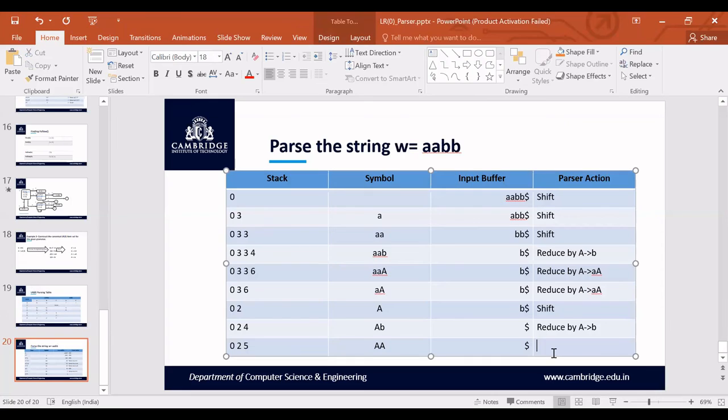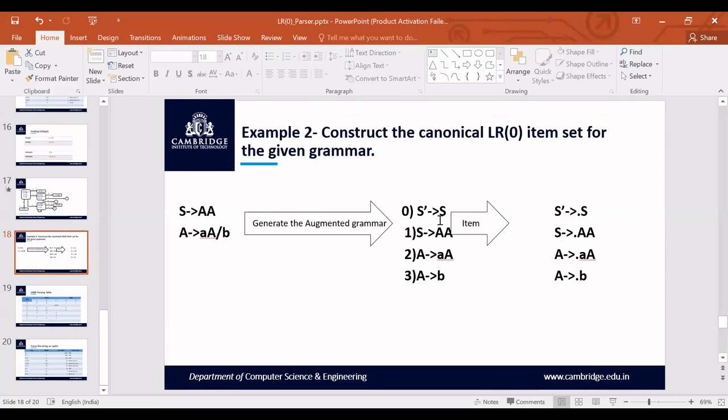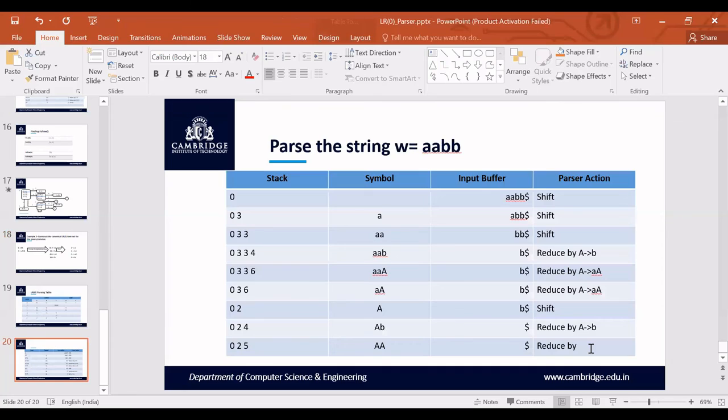Okay, R1, which is reduced by production rule 1: S derives AA. S derives AA is the production rule. Fine. Now I am reducing this AA to S, and the stack still has the dollar.